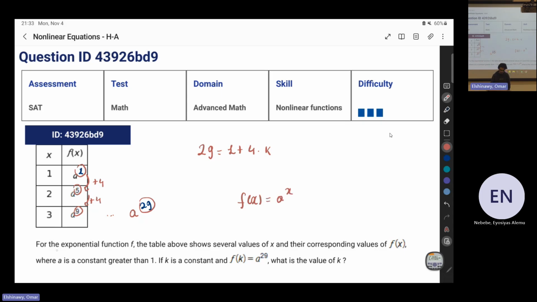This is an exponential function. But okay, let's find this k. So how many times do I need to add 4 to get 29? 7 times. So in this case, k would be equal to 7. 7 times 4 is 28, and then 1 gives us 29.